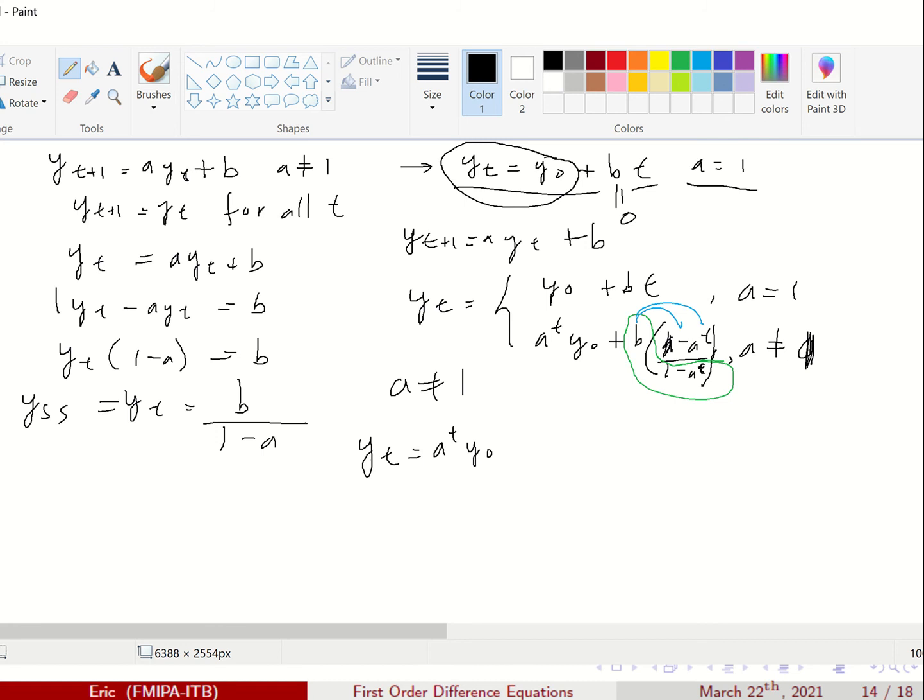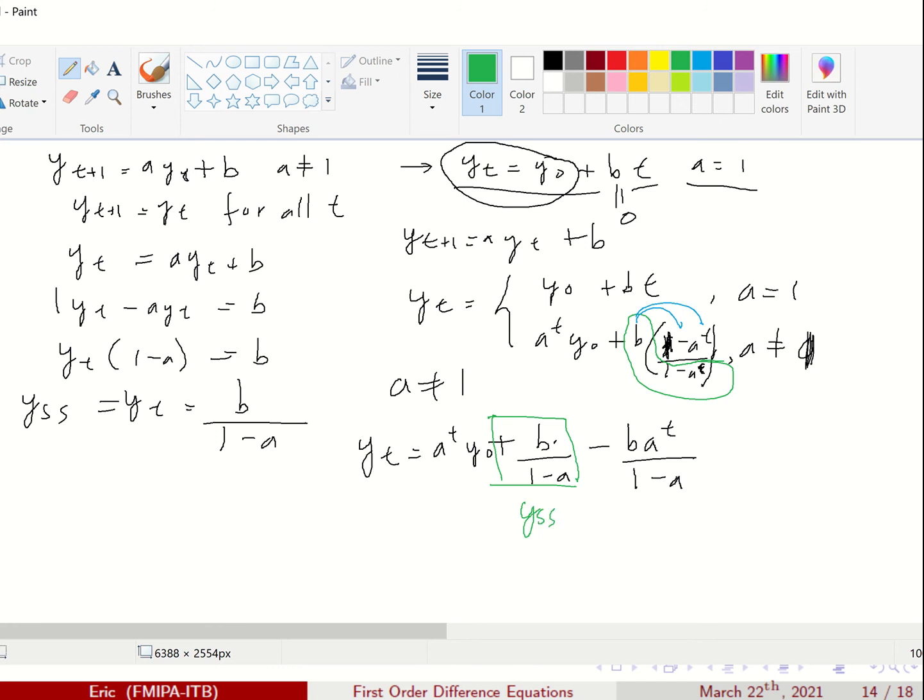The first term is b divided by 1 minus a times 1, so you have b. Then b over 1 minus a times minus a to the power of t, so you have minus b a to the power of t over 1 minus a. There you go. This is your steady state solution.